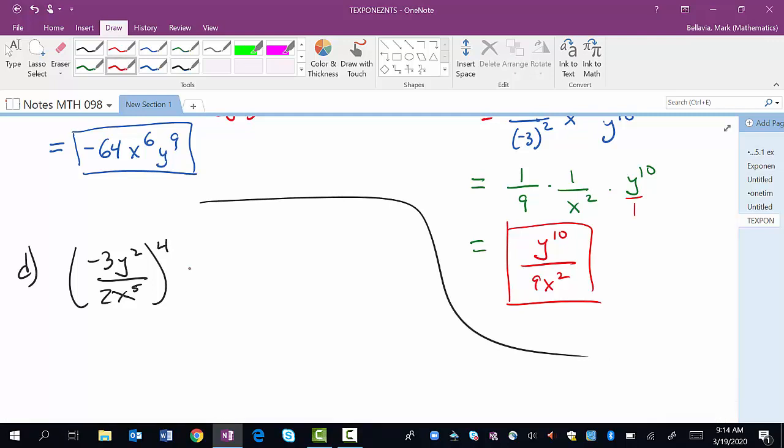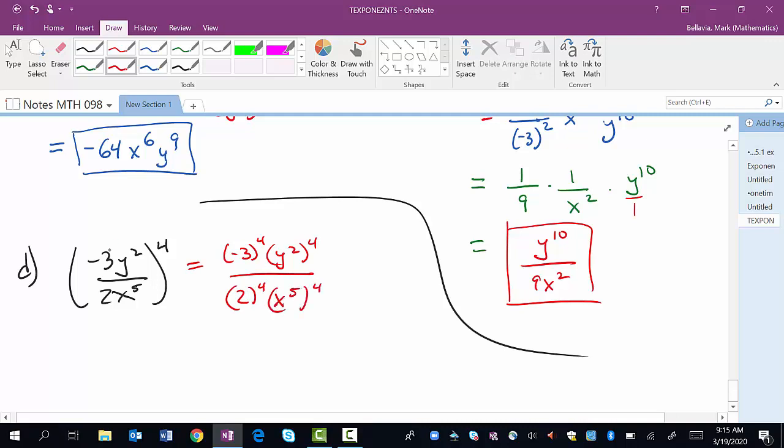In doing this, because we only have multiplications and divisions in there, you're allowed to bring that power to each piece, remember. So I can write this as negative 3 to the 4th, y to the 2nd to the 4th, over 2 to the 4th. Don't forget to bring it to the denominator. Sometimes people leave that off. And x to the 5th to the 4th.